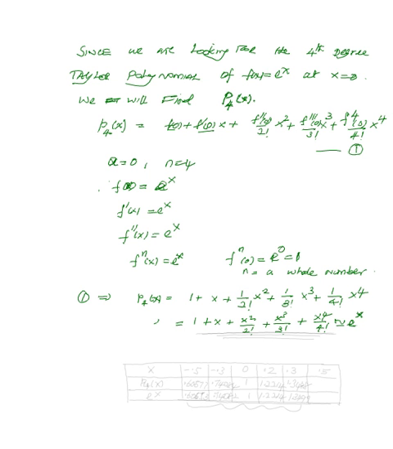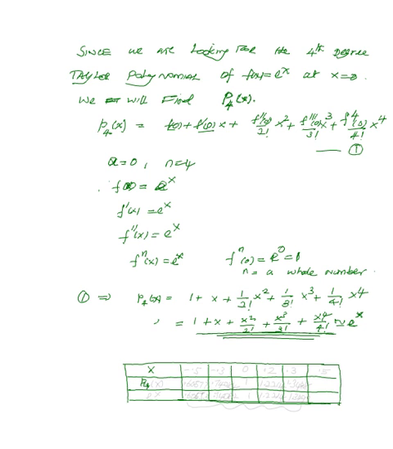I'm going to make up a table to show how the values of e to the x and the polynomial function that I have derived differ for some values closer to x equal to 0. So I have some x values here, and the second row will give the value of p4 of x at those x values, and on the last row I will evaluate e to the power of x.